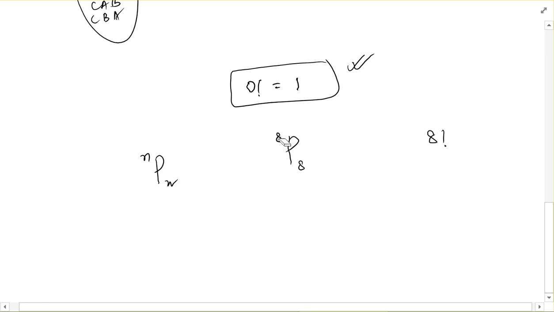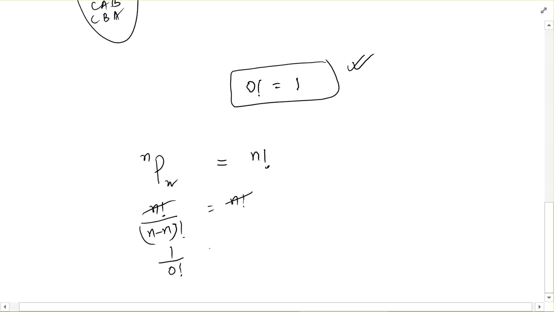In the same way, for n things, nPn is the formula, but we know that n factorial also does the job. What is the formula for nPn? n factorial by (n minus n) factorial. So n factorial equals n factorial upon 0 factorial, which means 1 upon 0 factorial is equal to 1. Taking reciprocal, 0 factorial is equal to 1. This way it looks more justified that 0 factorial is equal to 1.